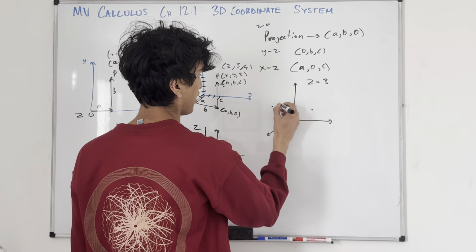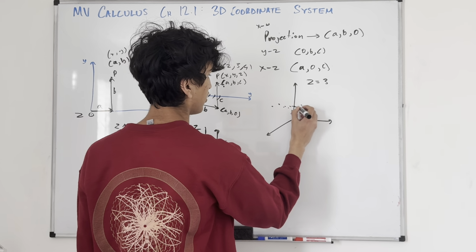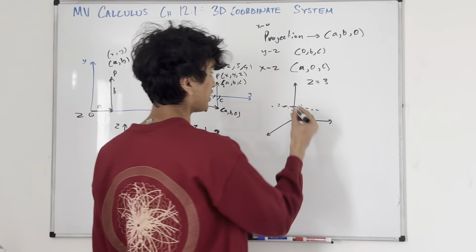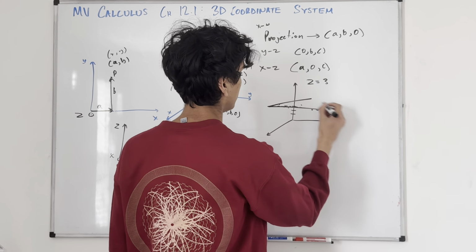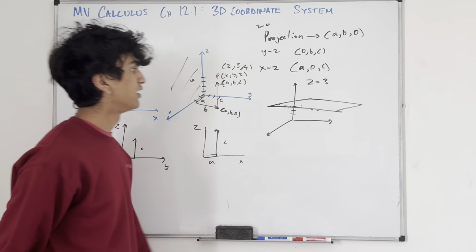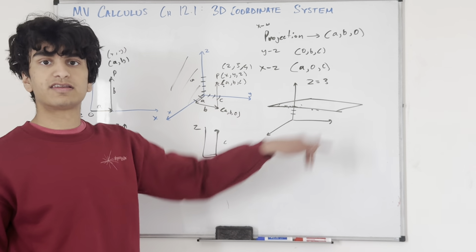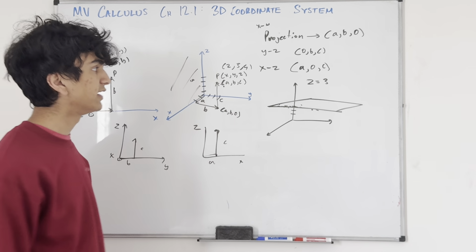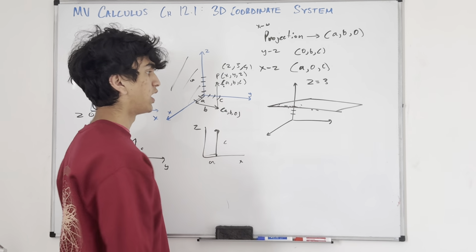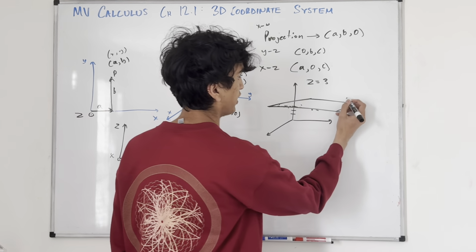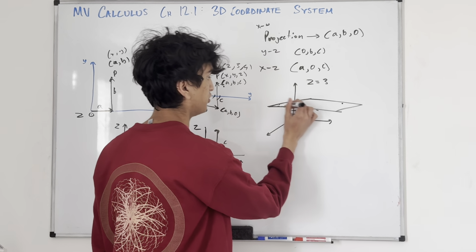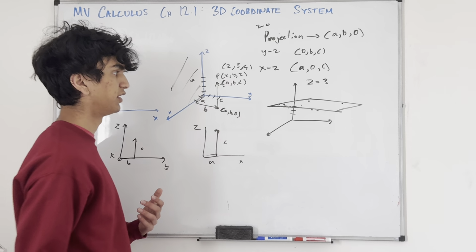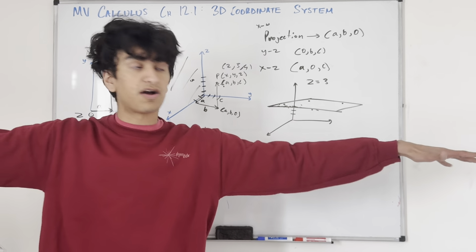Something here would have a z value of 3. You get a bunch of points that all have a z value of 3. What do you eventually get? You just get a plane. A plane contains all points that have the z value 3, independent of x and y. This equation doesn't have x and y. So whether your x, y coordinates are here, or here, or here, all of these points still have a z value of 3. So it's a plane that just covers everything.